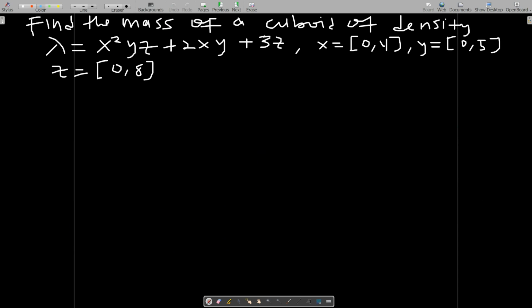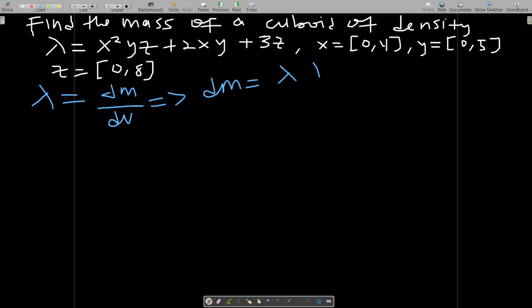Find the mass of a cuboid of density lambda equals that, and x equals this, y equals that, and z equals that. Here I believe you can do it. Now we are saying that lambda is always equal to m over some dA, but since we are dealing with a cuboid, we can't use the A, we use the V. This implies that my dm is equal to lambda dV.